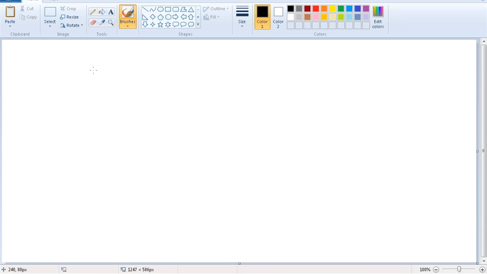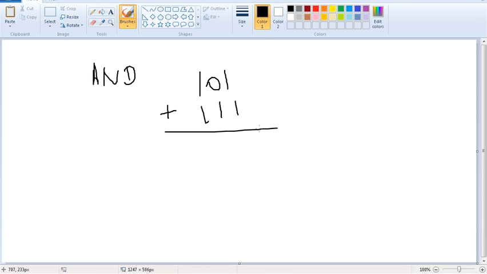If I have to perform the AND operation, so if there is a number 101 and I have to add the values, performing the add operation, as I told you, AND is your not plus, this is your multiply, right?